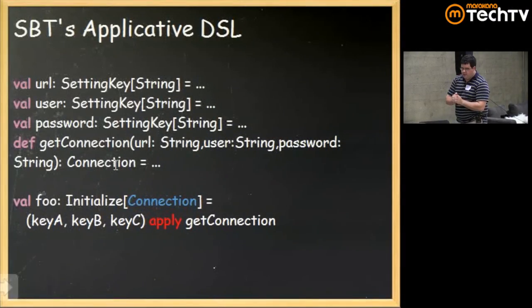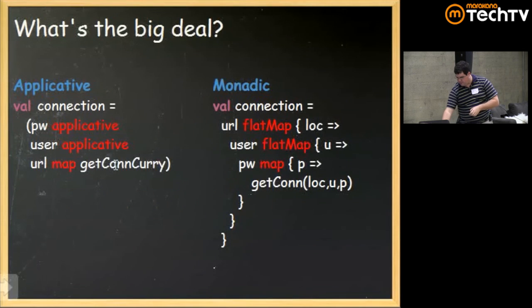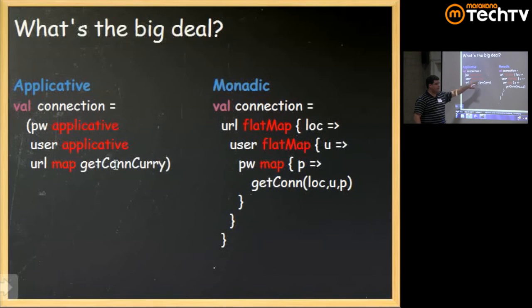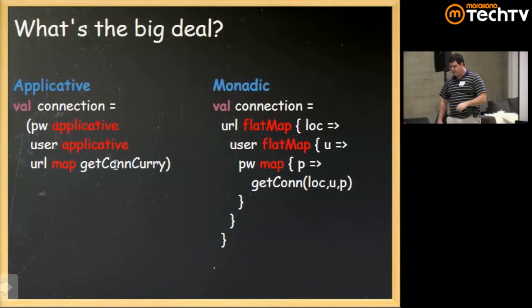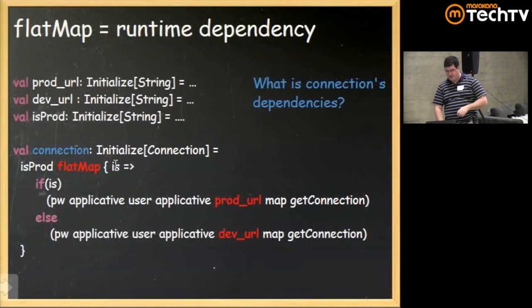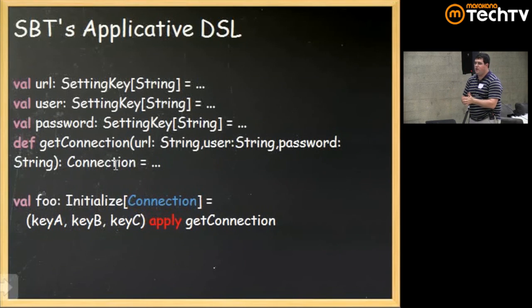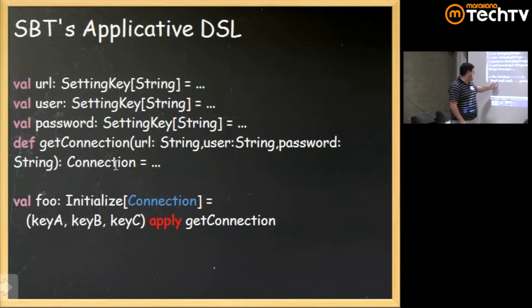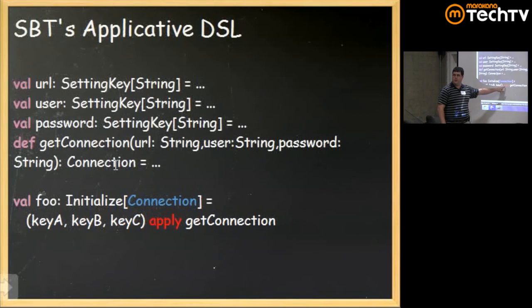So SBT has an applicative DSL. Now, I showed before this simple password, user, URL applicative map. That's all well and good, but there's a lot of magic behind the scenes that make it somewhat hard to make use of. In SBT, we have it right on tuples. Okay? From any tuple, I can put all my keys into a tuple and call apply, and then give it a function.